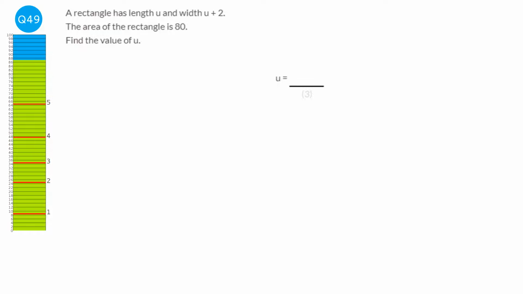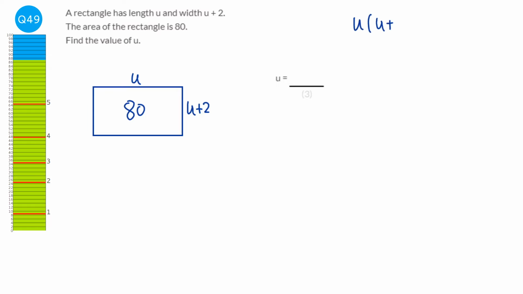So we're told the length of this rectangle is u, and the width is u plus 2. Doesn't matter which way around we do it. And we're told the area is 80. So we can actually write an equation from this. So u times u plus 2, so that's the length times the width, is equal to the area, which is 80.